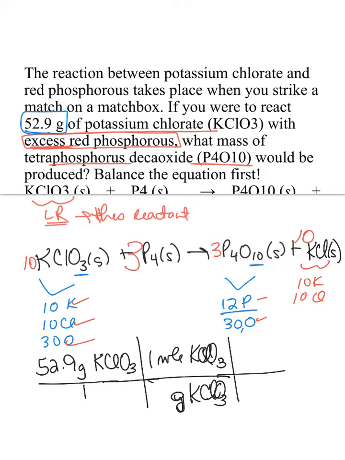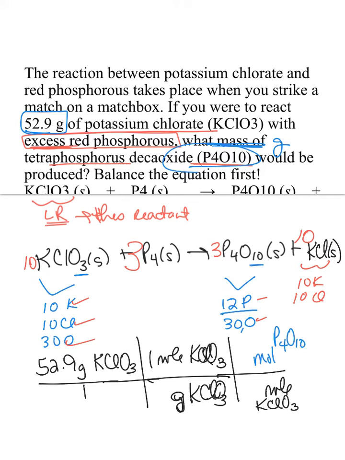And then we're going to go from mole of KClO3 to what it's asking for, which is the mass, grams of P4O10. So we're going to go to mole of P4O10.